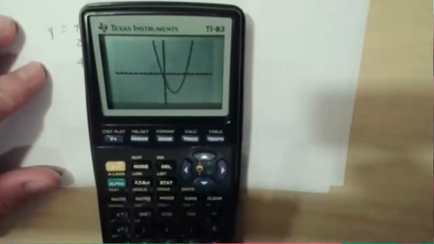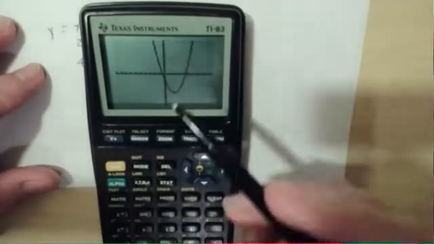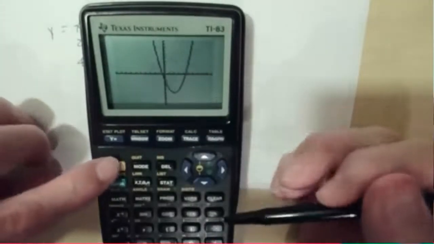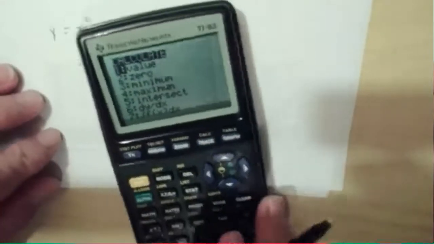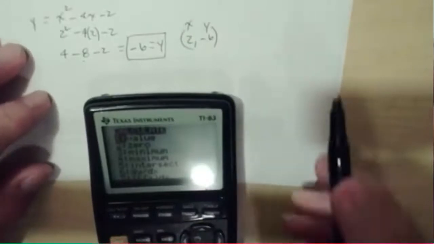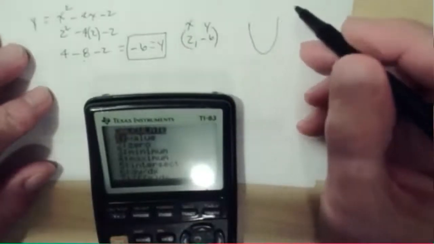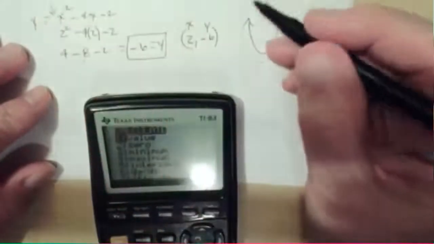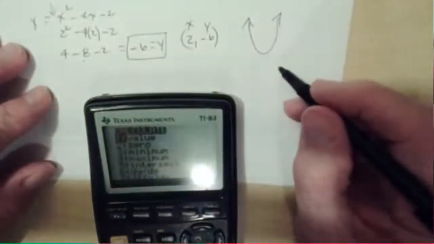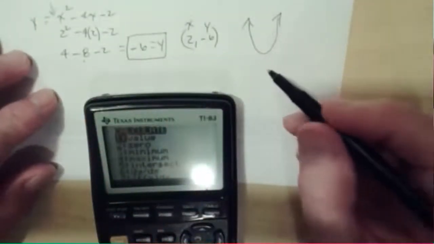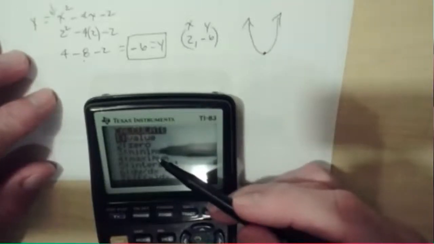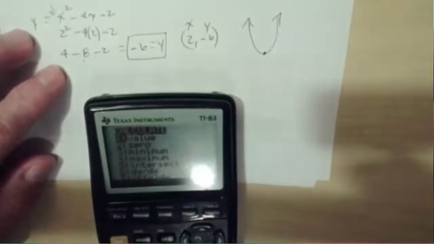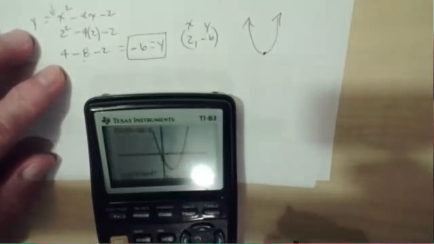Now what we're going to do is go to calc. Second, and trace gives us calc. Now look, this is going to open upward, right? Because A is positive, it's going to open upward. So we want to find the minimum. Number 3 is minimum. We hit number 3.